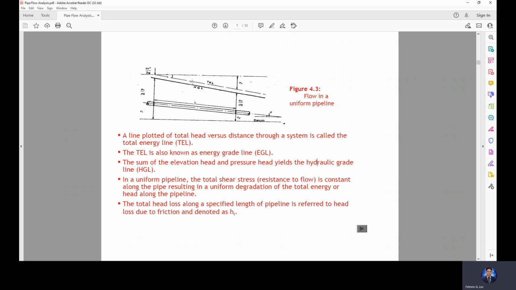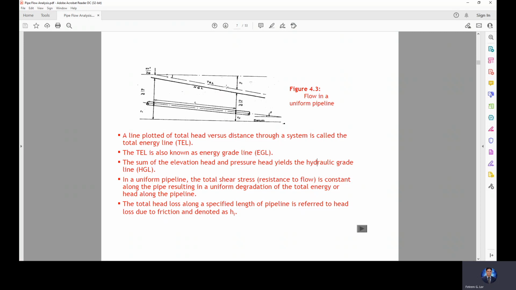So this is the... I'll go back, okay, the total energy head. The total energy head is this one, actually not this line.